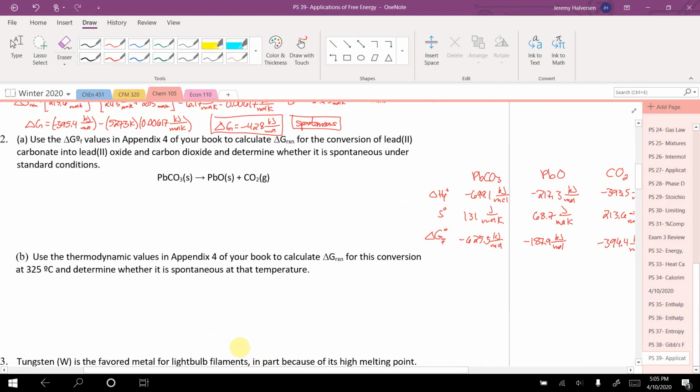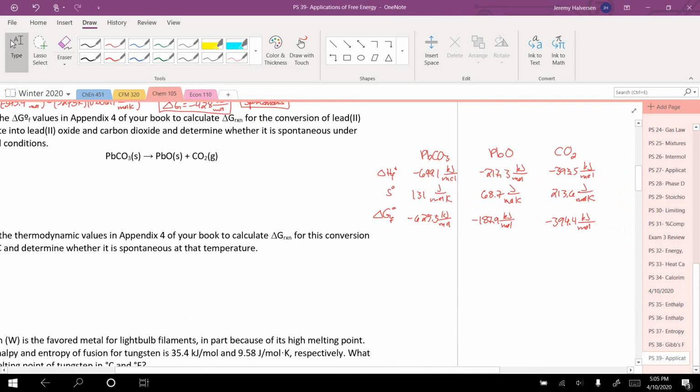Okay, so in the first one, we're trying to find its standard conditions, so we're just going to do products minus reactants. And the reaction's already balanced, so we just use the products, CO2 and PbO, minus my reactants, which is negative 625.